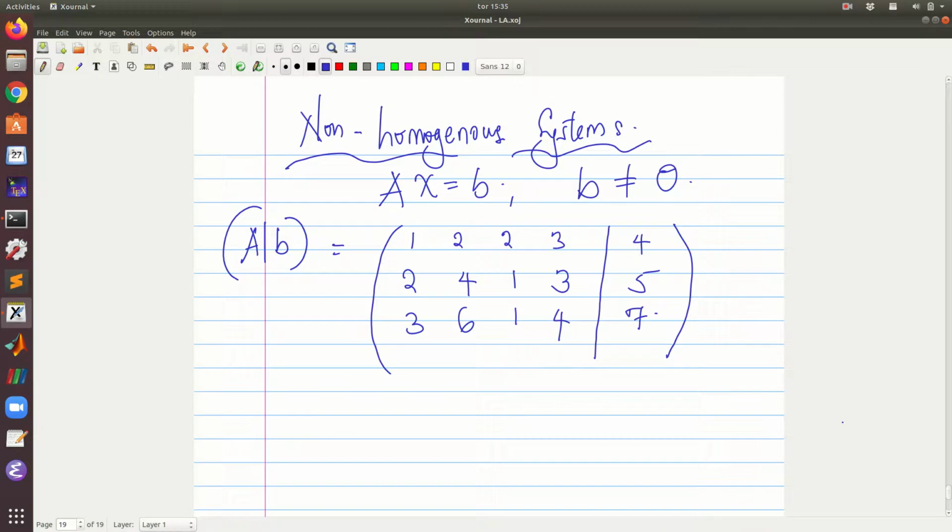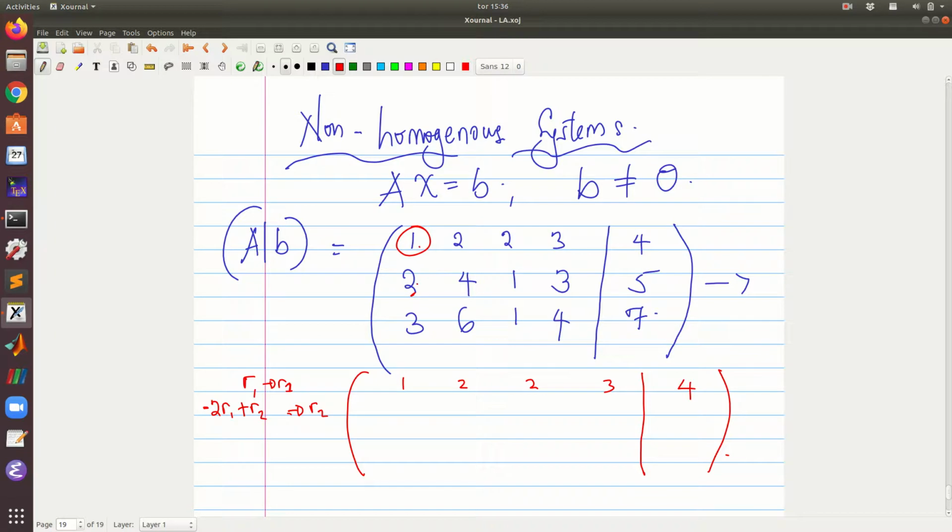So we do our Gaussian elimination. 1 is our pivot, so we leave it there. Nothing changes, so we have 1 2 2 3 and 4. To set the 2 to 0, we multiply row 1 by -2 and add it to row 2, and put the result in row 2.